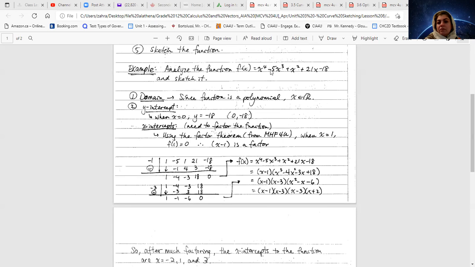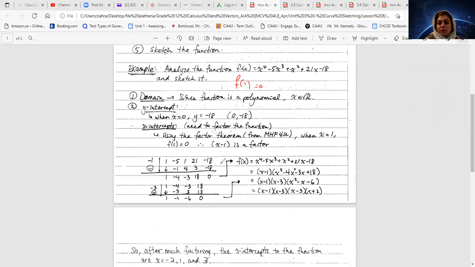We guess, let's say 1. We put it in, or we put -1. Sorry, f of 1, because 1 is a factor of 18, right? If we put 1 everywhere, f of 1 is 0.